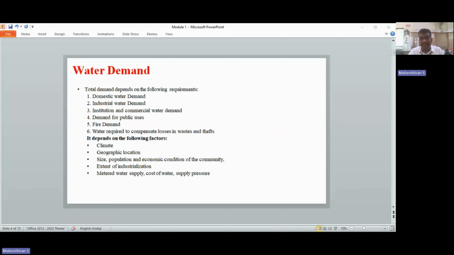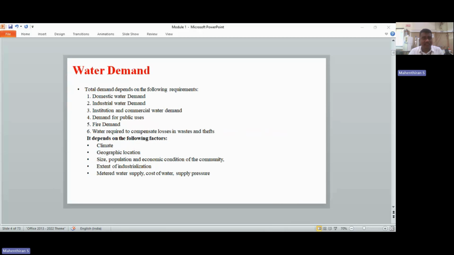The next one is the demand for public uses. This is often overlooked, but it is a very important component. It includes water used for public parks and gardens, street washing, public fountains, and sanitation. These uses improve public hygiene and environmental quality.